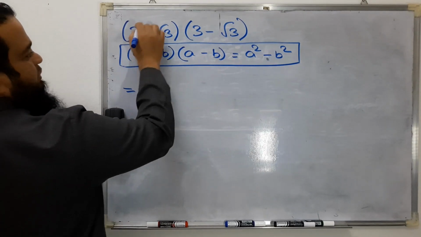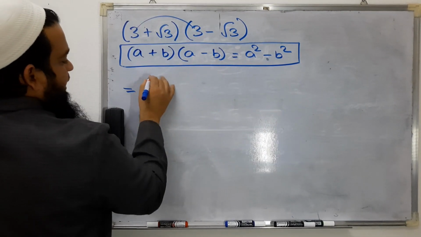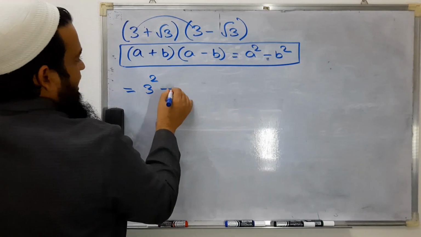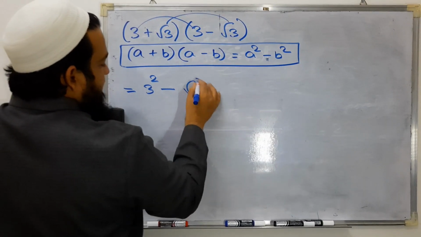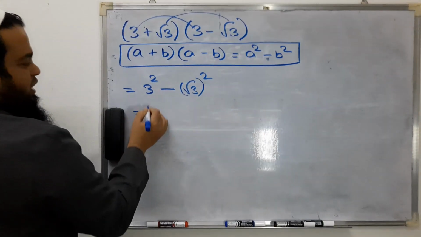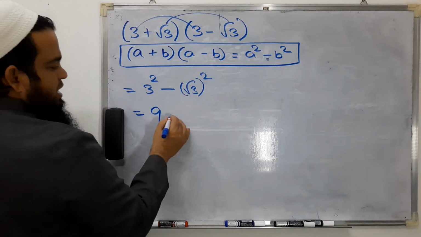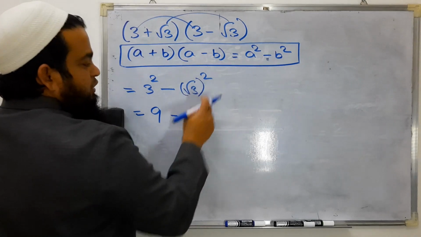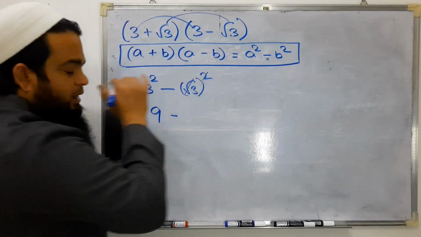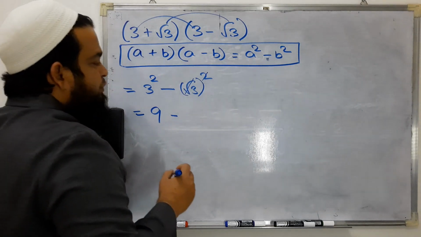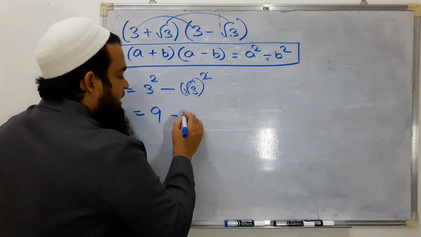What is a? 3, and b is √3. So 3 square, and in between minus, (√3) whole square. So here we have 3 square is 9 minus (√3) whole square. Root and square are inverse, so therefore they get cancelled, and remaining is 3.